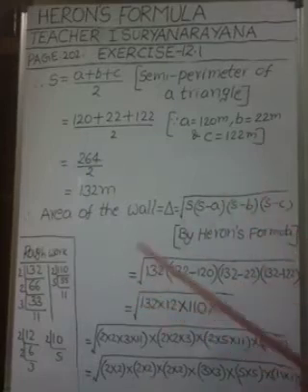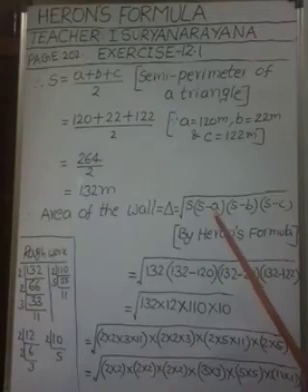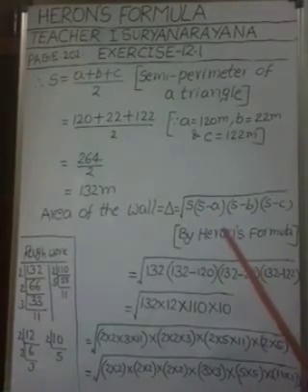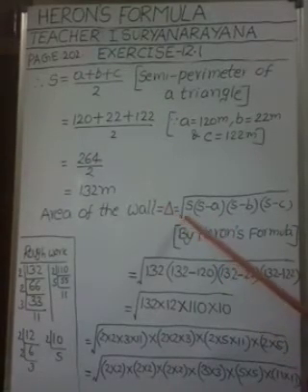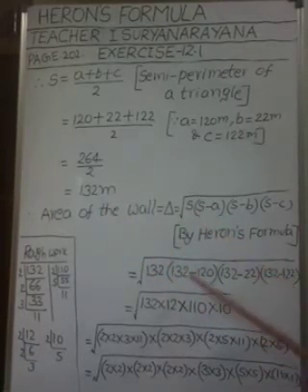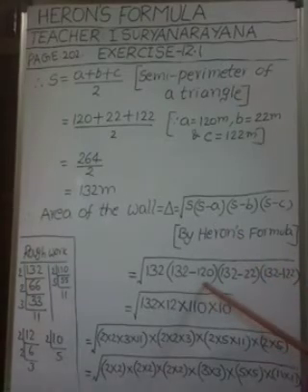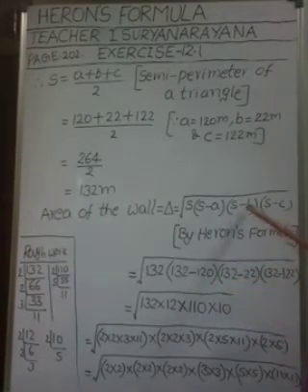Right. In this formula, we are substituting the values of A, B, C and S. Okay, my children. What is the value of S here? 132 into (S minus A), that is 132 minus A, means here 120. Understood this part, my children? Right. Into (S minus B).